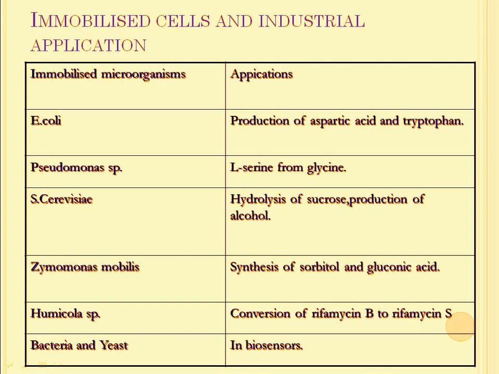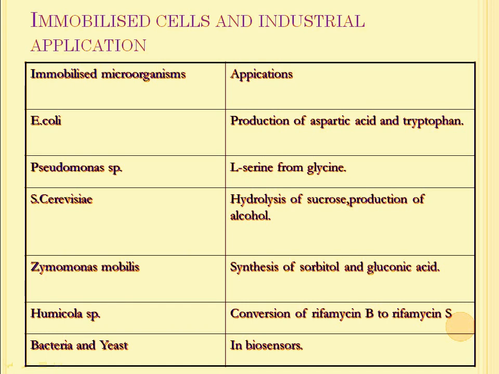There are certain examples of immobilized cells and their industrial applications. For example, E. coli when entrapped is used in the production of aspartic acid and tryptophan. Pseudomonas species are used for the production of L-serine from glycine.